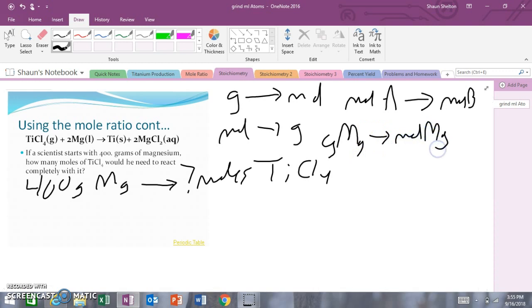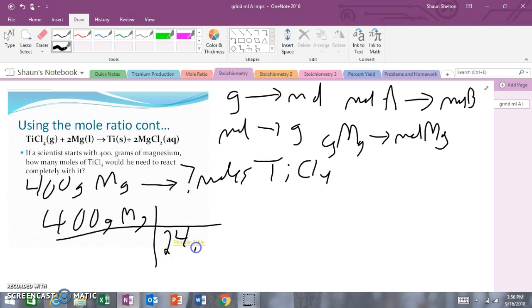So let's go ahead and take care of that. We have 400 grams magnesium. The molar mass of magnesium is, look at your periodic table there for a second, guys, 24.31 based off of my periodic table here.